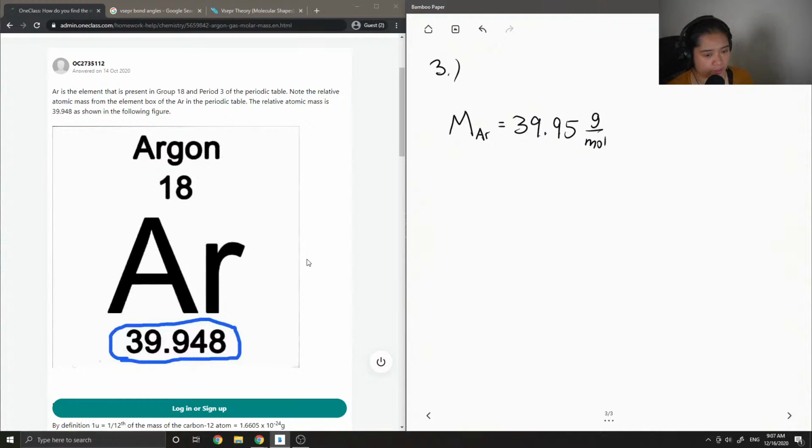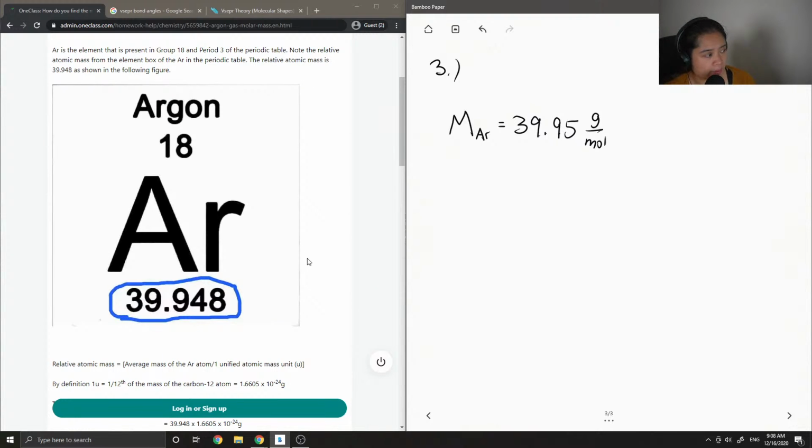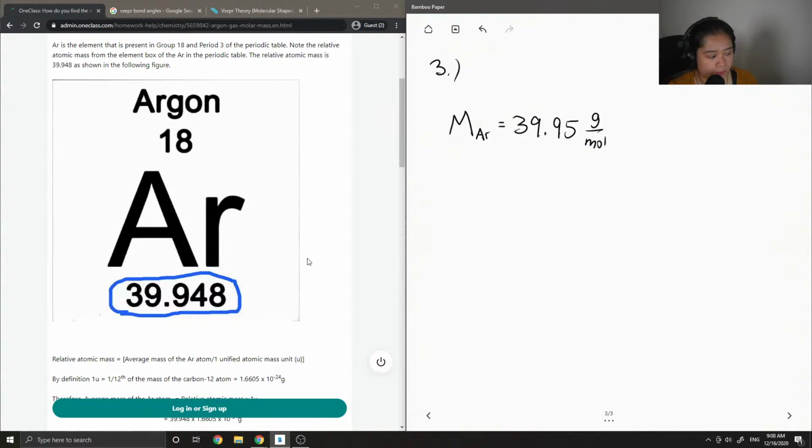Okay, so let's see what the junior tutor said. Argon is the element that is present in group 18 and period 3 of the periodic table. Note that the relative atomic mass from the element box of argon in the periodic table is 39.948, as shown in the following figure.